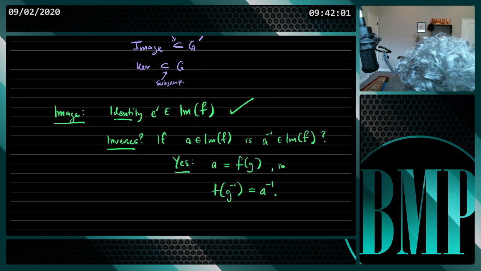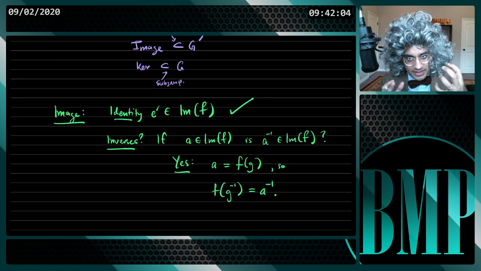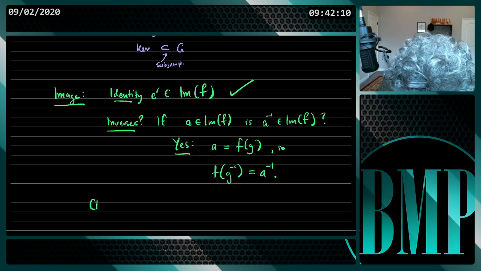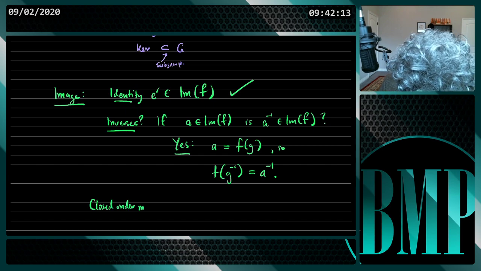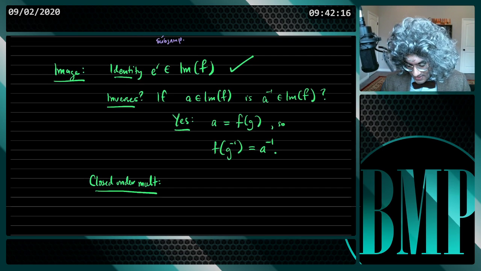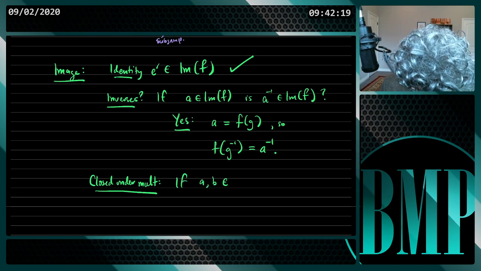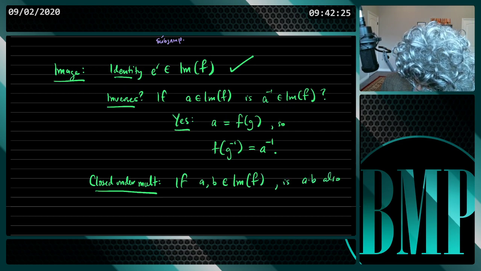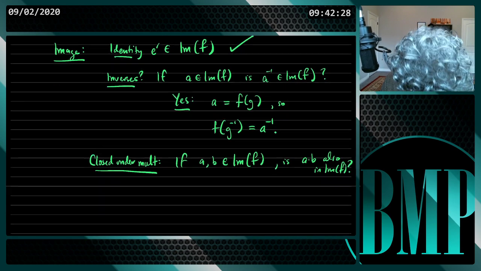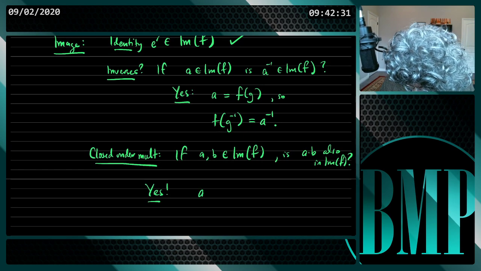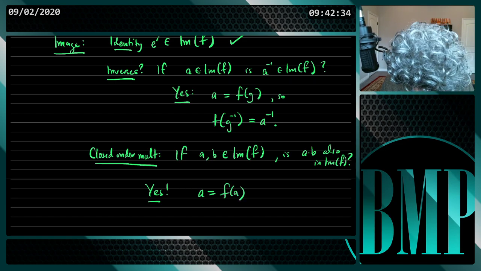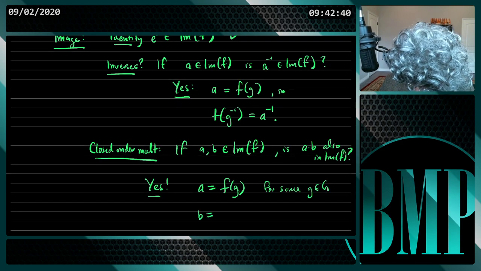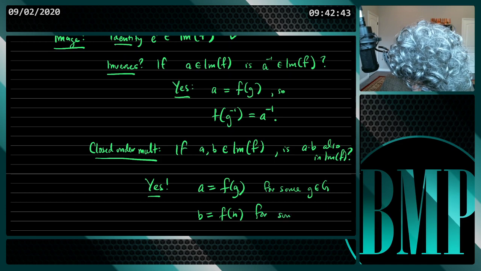Awesome. Okay, is the set of image output elements closed under multiplication? So closed under group multiplication, right? So if a and b are both in the image, is a times b also? Yes! Because a is f of g for some g, and b is f of h for some h.